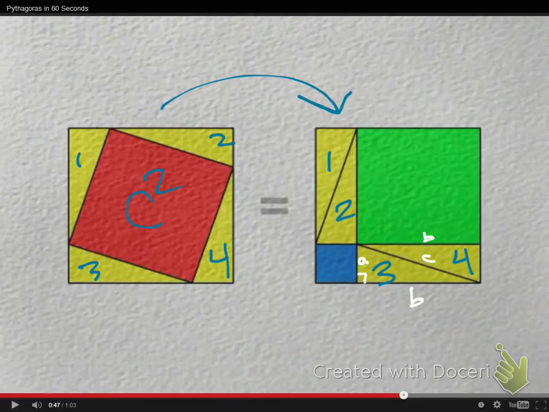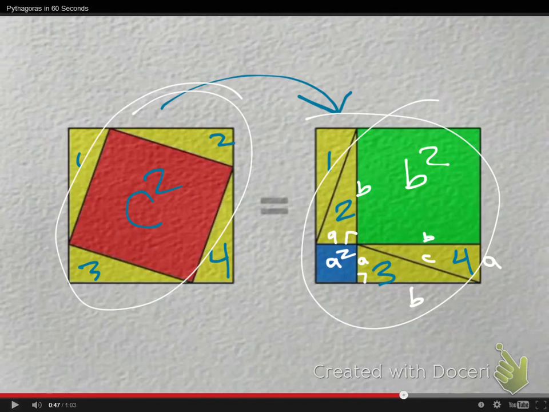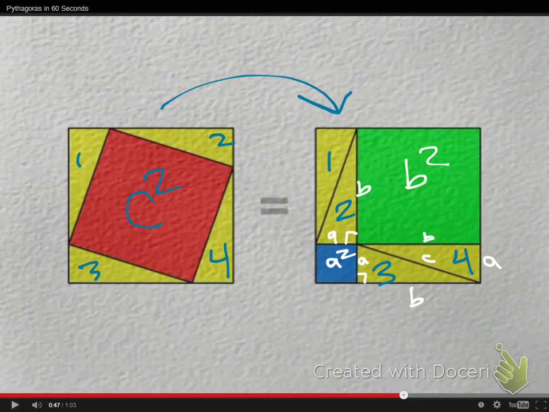So this long side here is B, this short side's A. In triangle 2, this is A, this is B, and so on. So we can see that this blue square right here is actually A squared, and the green square is B squared.